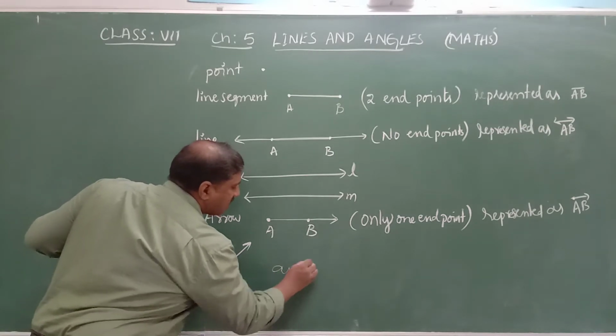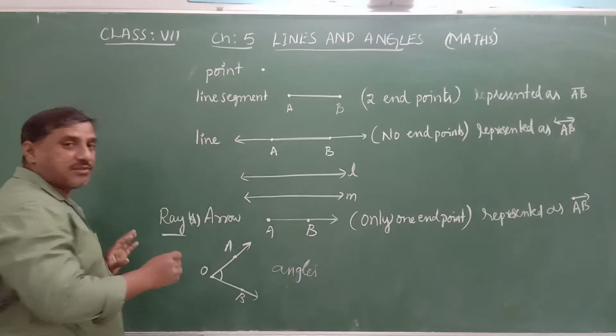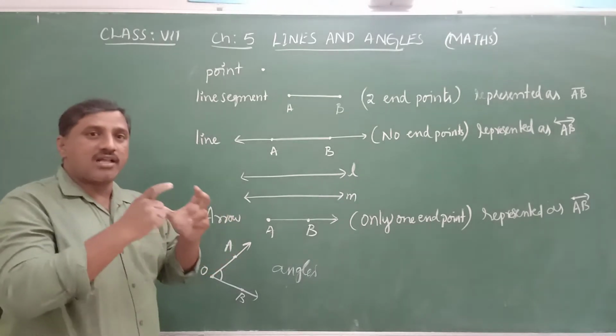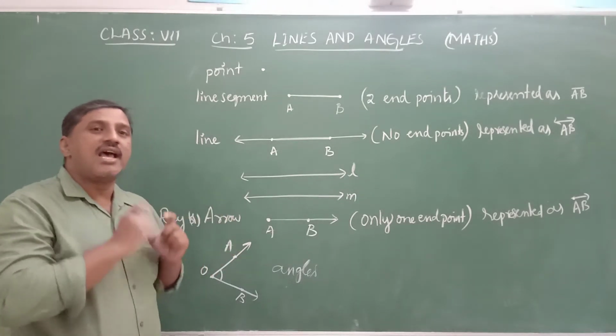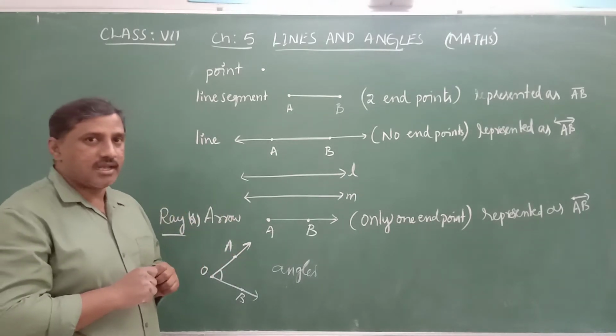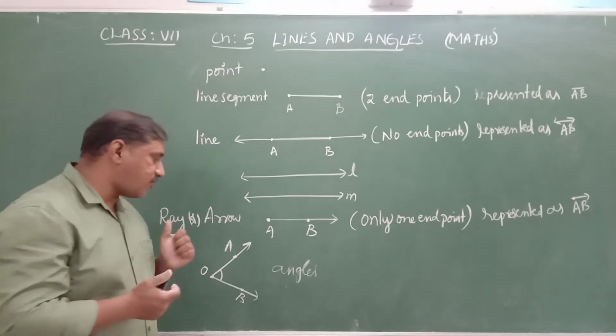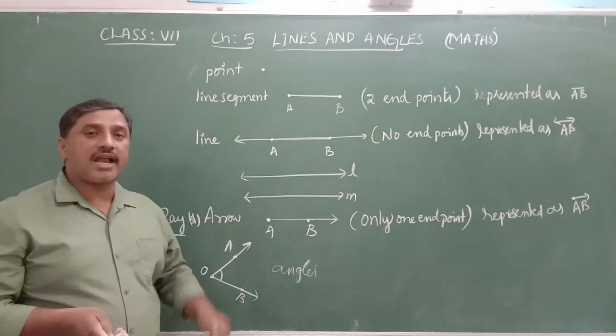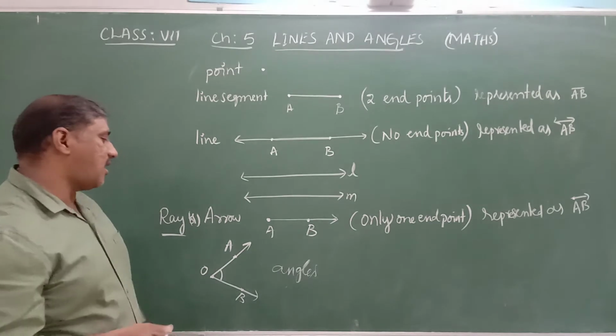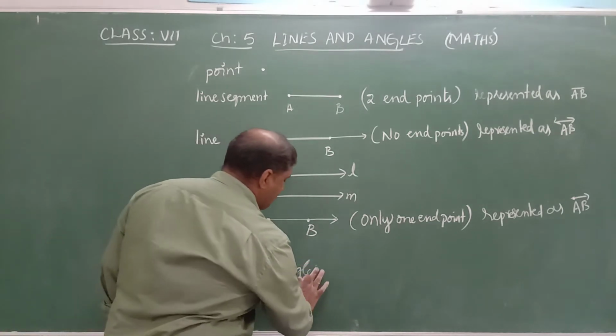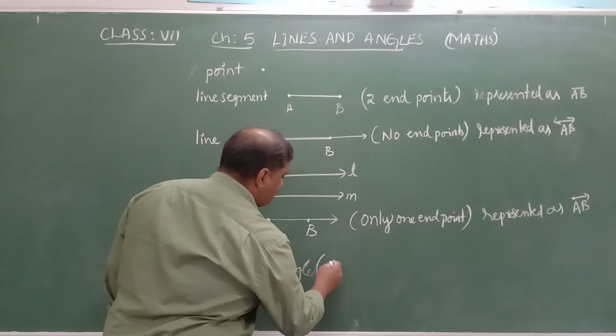So what are angles? Angles are formed by joining, or the fusion, of two rays with a common end point. The combination of two rays with the common end point is known as an angle.